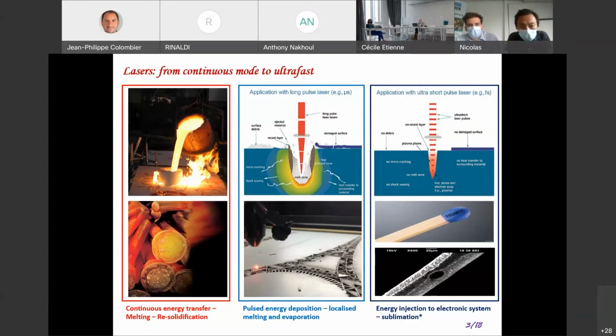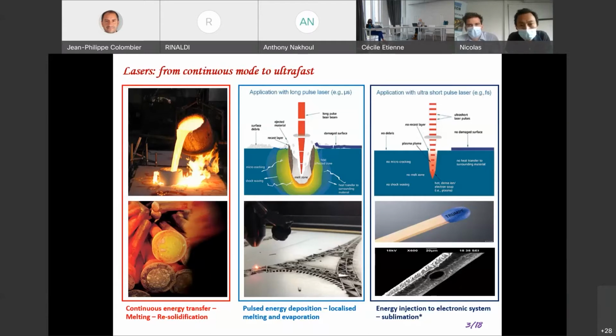If we stop laser heating, the liquid comes back to solid. In this transition, we can change the geometry, topography and shape of the material. So the applications range from laser welding, laser joining, laser forming, and things like this.